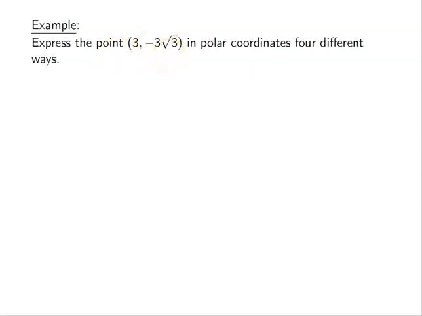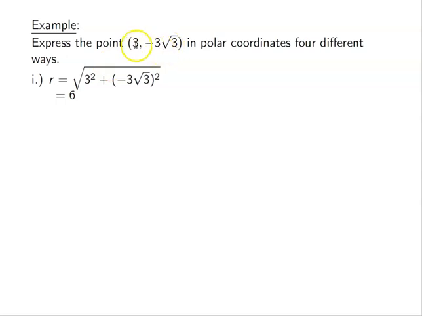So for the radius, square the first term, square the second term, add them, take the square root, right? So this is going to be 9, and then this is going to be 9 times 3, right? And so 9 plus 27 is 36. Square root of 36 is 6.